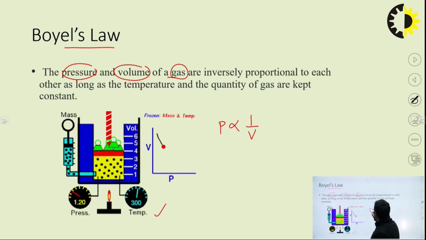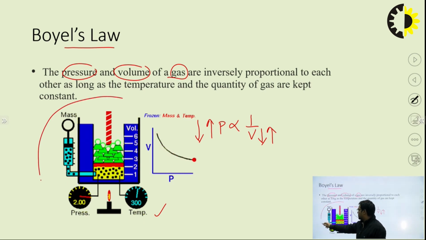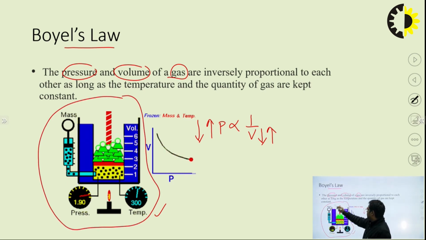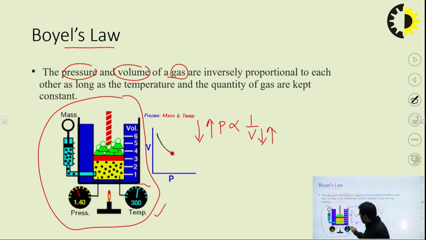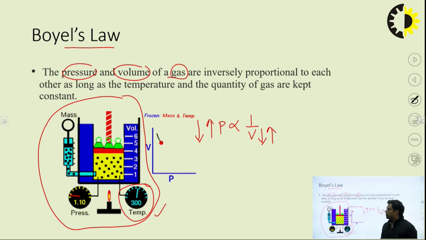So if the volume is decreased, the pressure is increased, or the pressure is decreased when the volume is increased. An important thing noticed in Boyle's law is that the absolute temperature of the gas is kept constant.